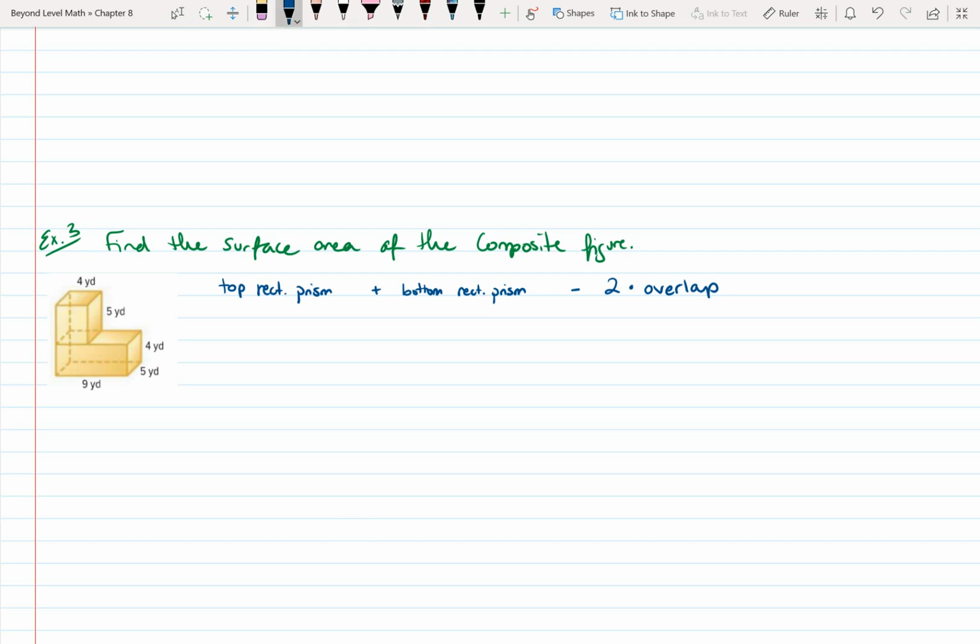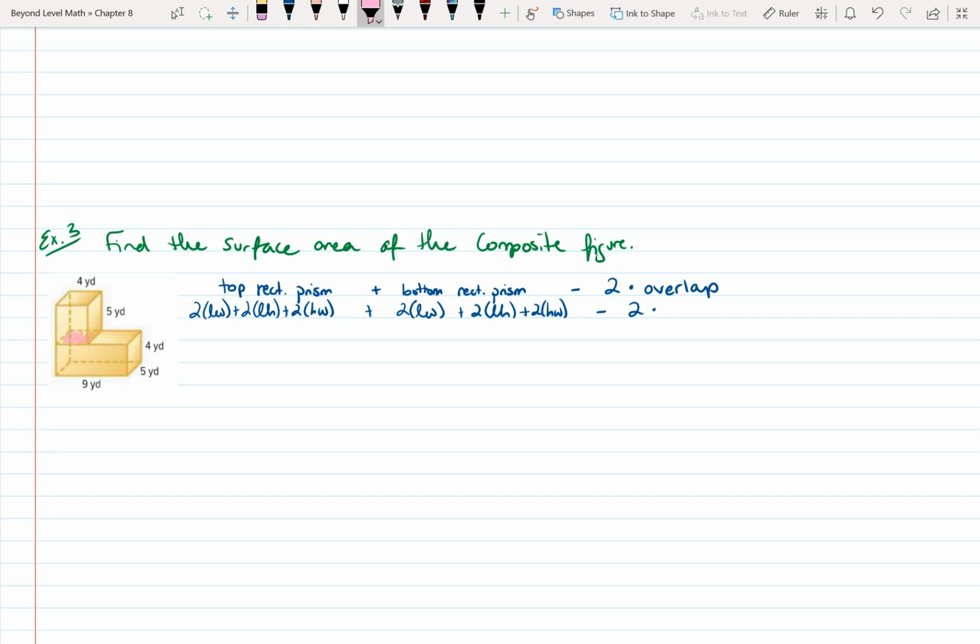Alright, so surface area, it is 2 times length times width, and again, whatever order is totally fine. Plus 2 times length times width, plus 2 times length times height, plus 2 times height times width. Alright, minus 2 times, now the overlap, again, is this portion right here.